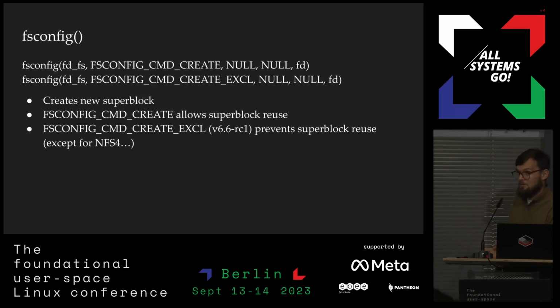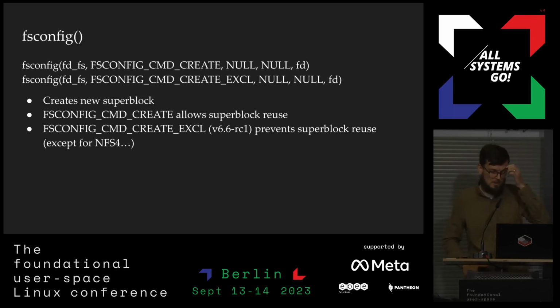Essentially, you get a bind mount. Every time you think you're requesting a new file system mount and that superblock already exists, the kernel will happily create a new bind mount for you, and you will never find out that your requested new superblock options were ignored. So this is why, starting in kernel 6.6, we added fsconfig command create exclusive, which prevents superblock reuse.